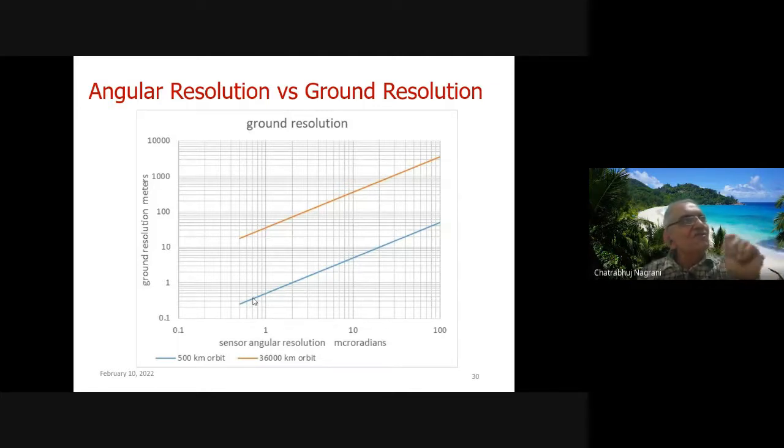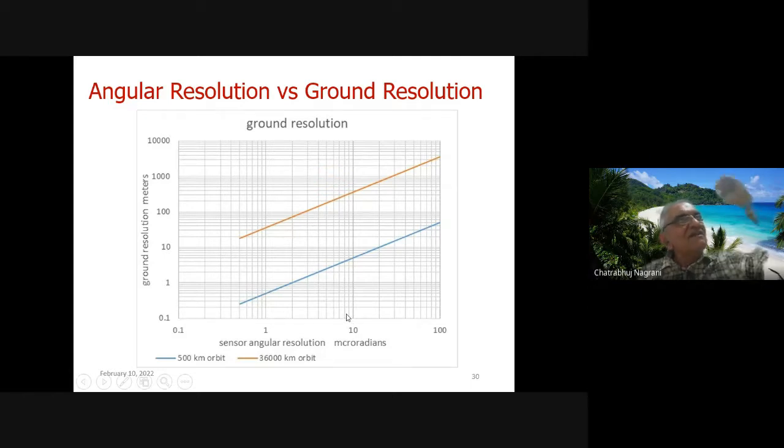But the angular resolution difference, you see, is only about 25 times. My angular resolution of INSAT-3D visible is about 25 microradian, while my angular resolution of Cartosat-2 is about 1 microradian. So angular resolution is only 25 times. But you see now what happens when I am looking at the ground.